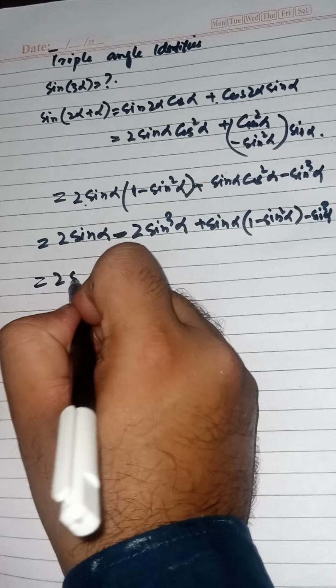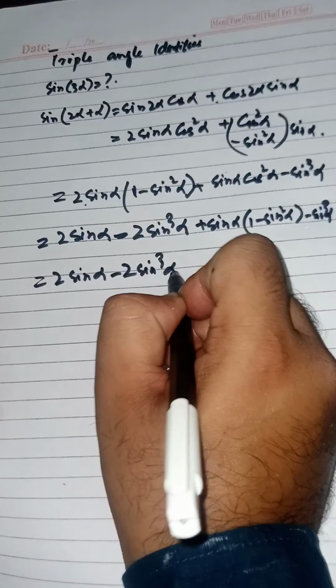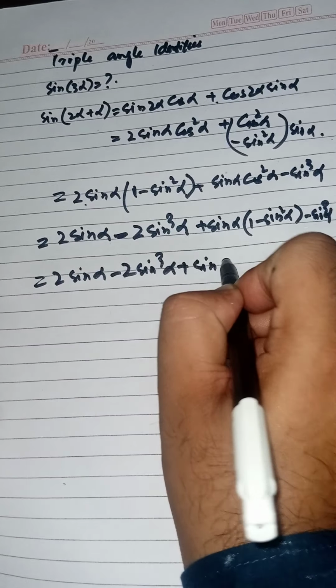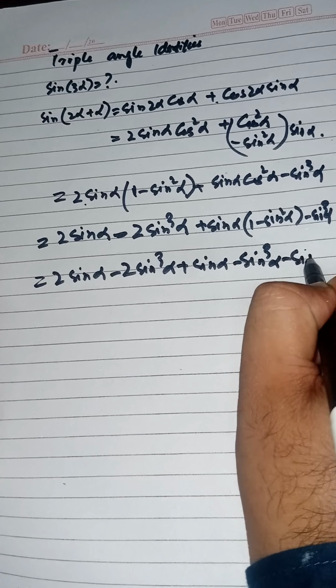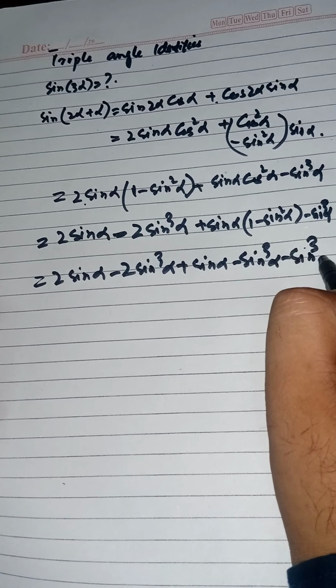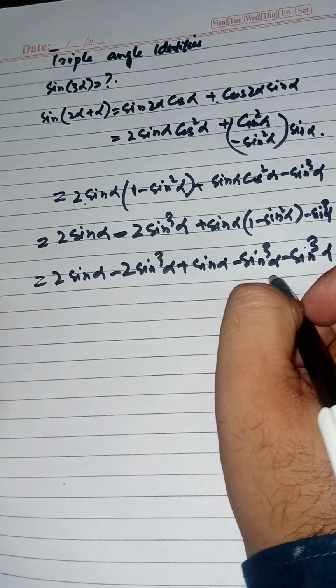So 2 sin alpha minus 2 sin cube alpha plus sin alpha minus sin cube alpha. Sin alpha multiplied with sin square alpha is sin cube alpha.